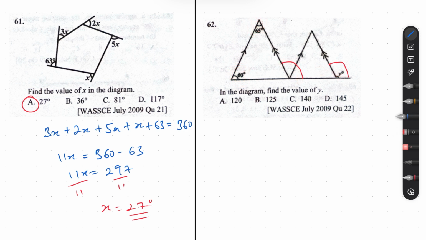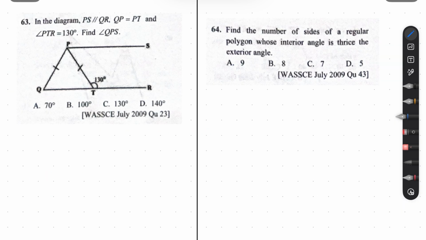So y is equal to 65 plus 60, which will give us 125, which is B.